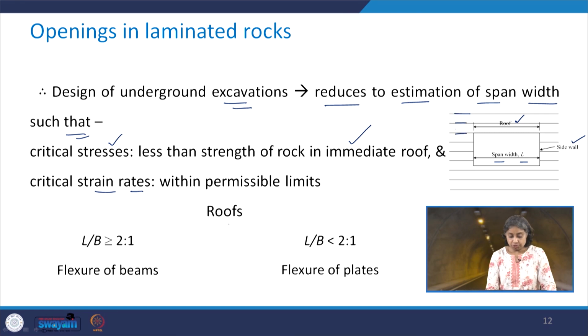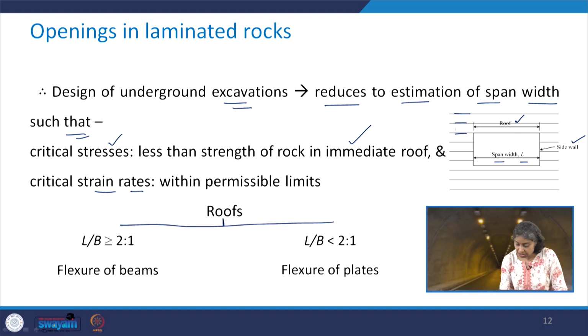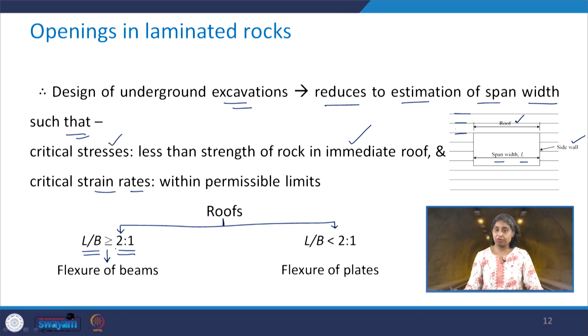Now, in the roof, two conditions can be there. When you have an L by B ratio of more than 2:1, it will be treated by the theories related to flexure of beams. But in case you have L by B less than 2:1, we need to use the flexure of plates.